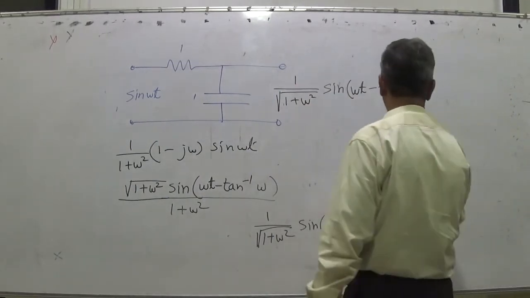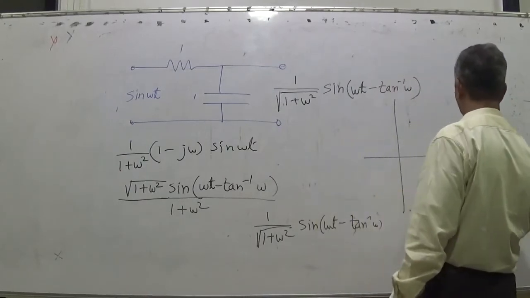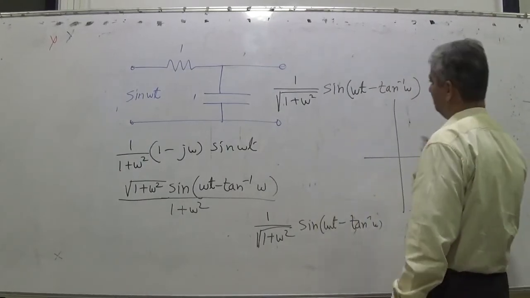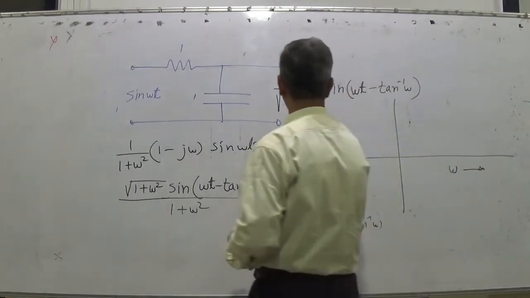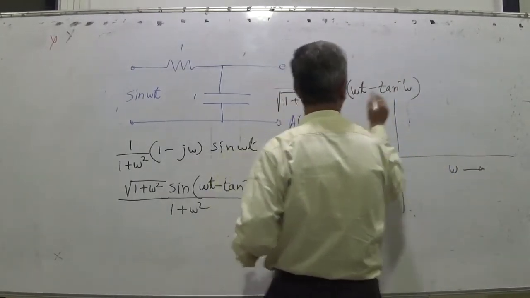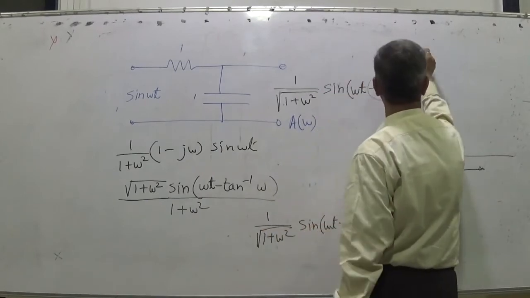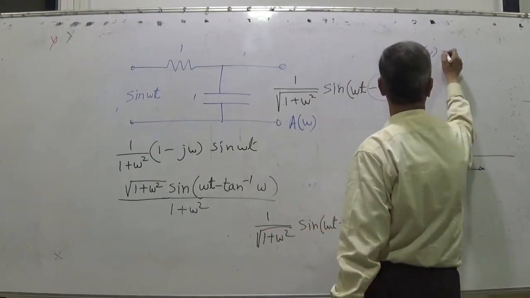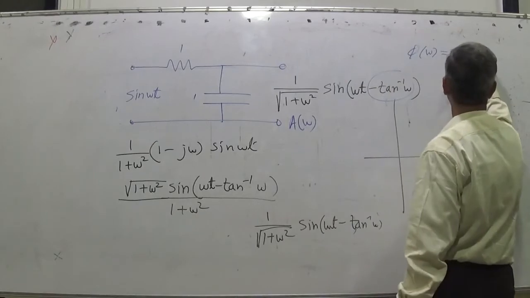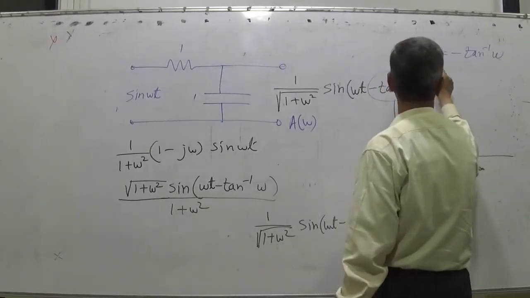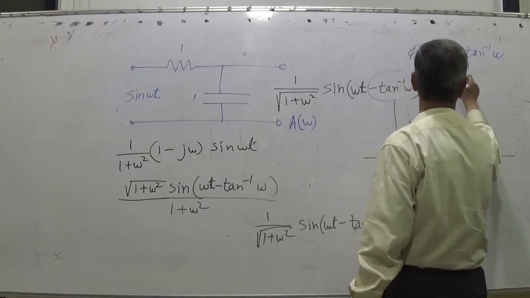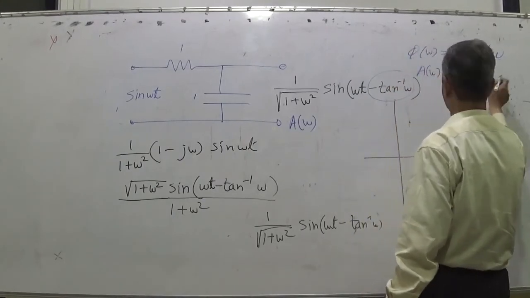So what we can plot: this is called A of omega, and this is called phi of omega. Phi of omega is minus tan inverse of omega, and A of omega is 1 upon under root (1 plus omega square).